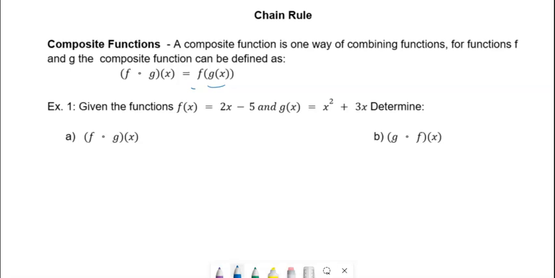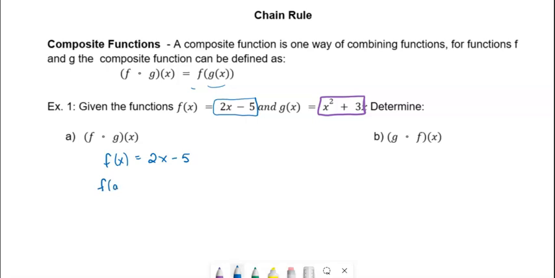So let's just see what this looks like in an example. Let's say f of x is 2x minus 5, and let's say that g of x is x squared plus 3x. I want to figure out the composite function f of g at x. First, I'm going to remind myself what f of x is.